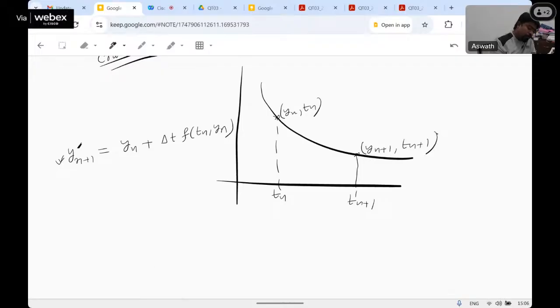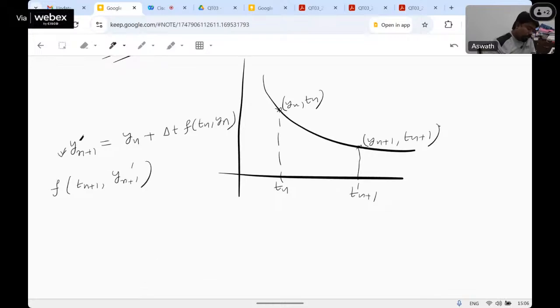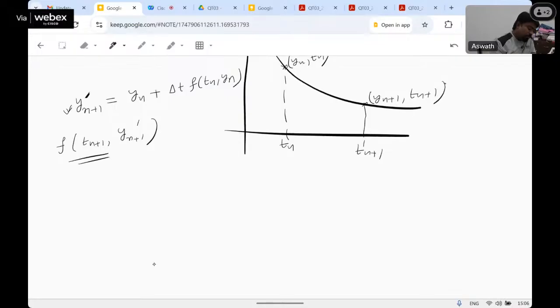That slope at the new point is t n plus 1 comma y n plus 1 prime. Now he said use that slope to again calculate the exact value, y n plus delta t f of t n plus 1 comma y n plus 1 prime.